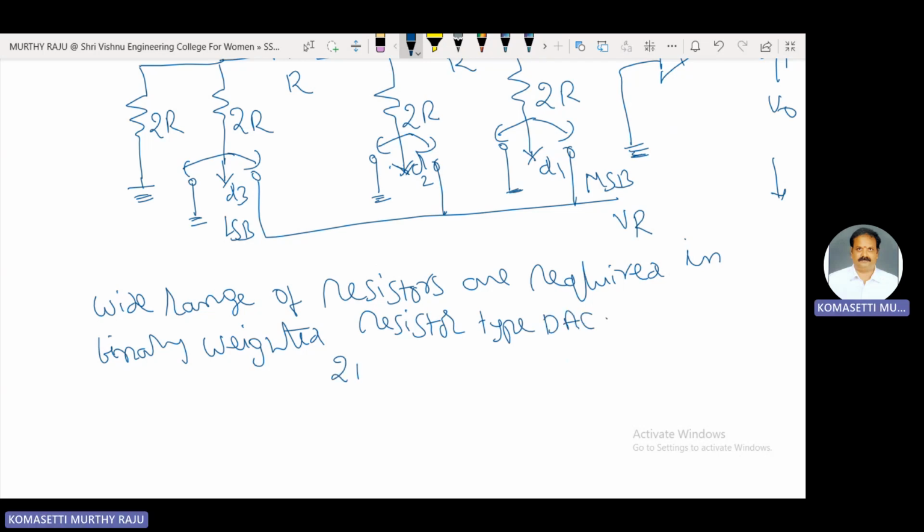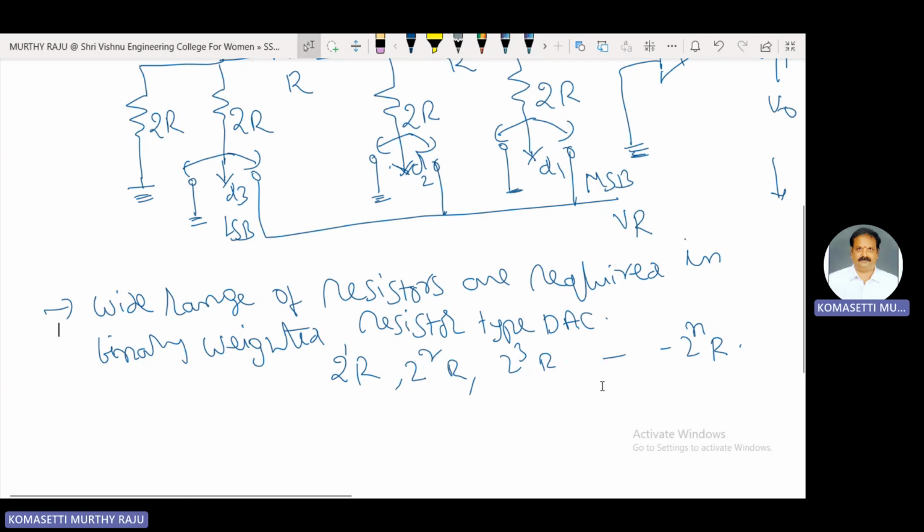The values of resistors are 2R, 2 power 1 R, 2 square R, 2 cube R, and so on, up to 2 power n into R. That is the drawback of the binary weighted resistor type digital to analog converter.